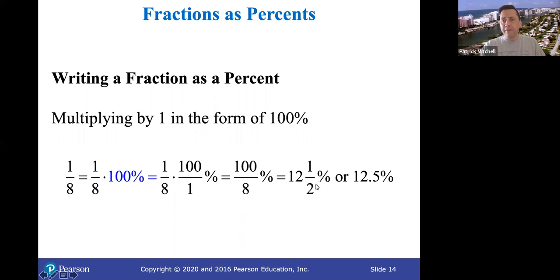They've skipped a few steps here. I'm going to ask you maybe to pause the video and make sure that you're able to get from 100/8 to 12.5. You would simplify the fraction and then change into a mixed number. So the fraction 1/8 is equivalent to 12.5%, which can also be written as 12 5/10%.